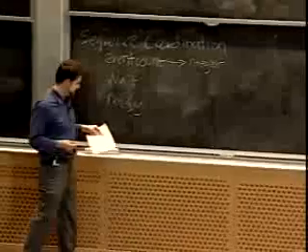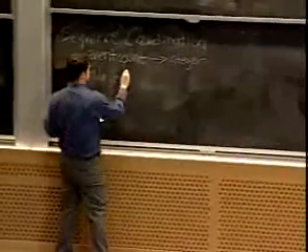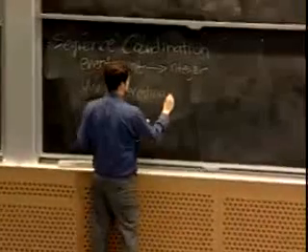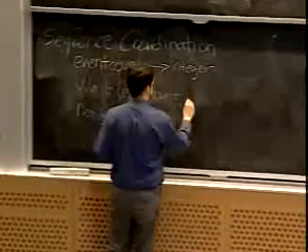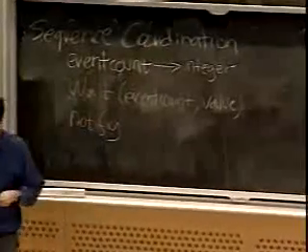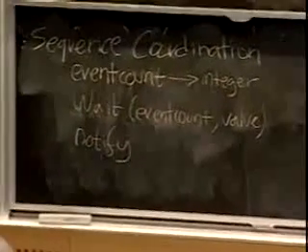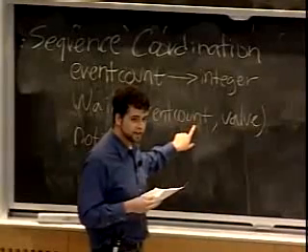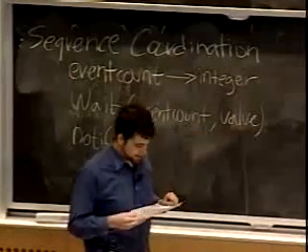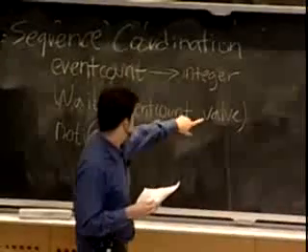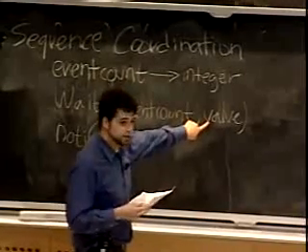Okay, so wait takes two arguments. It takes one of these event count variables, and it takes a value. What wait says is check the value of this event count, and see whether it's less than or equal to value.